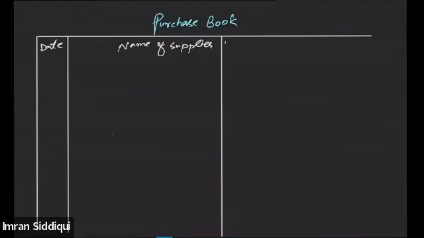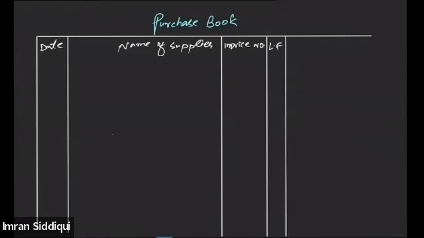Then the invoice number, the column for ledger folio, the detail of transaction, and finally the total value amount.